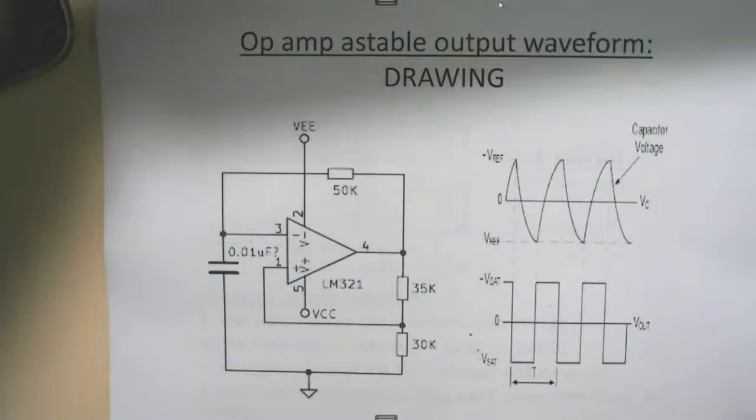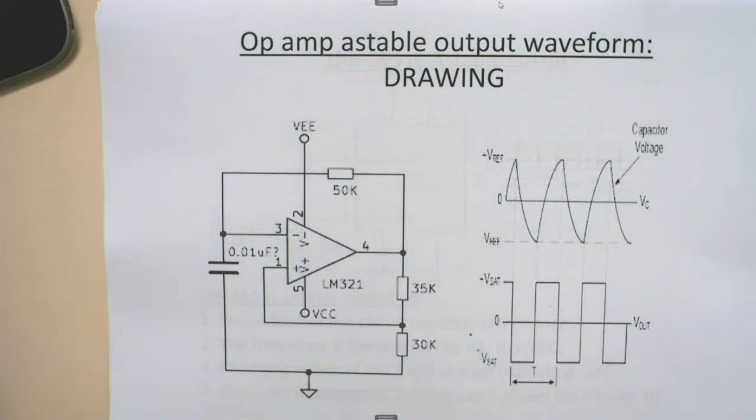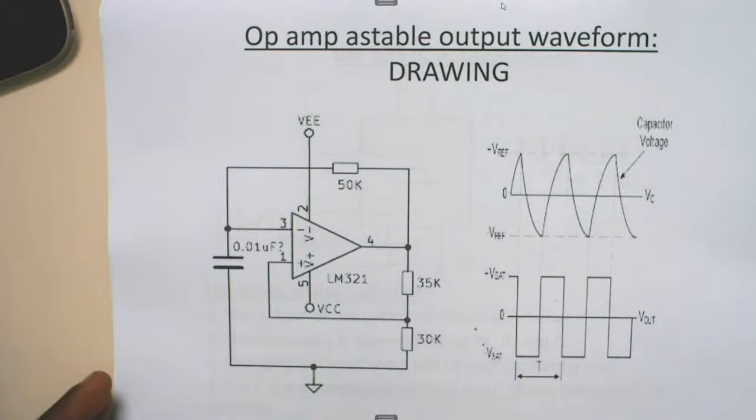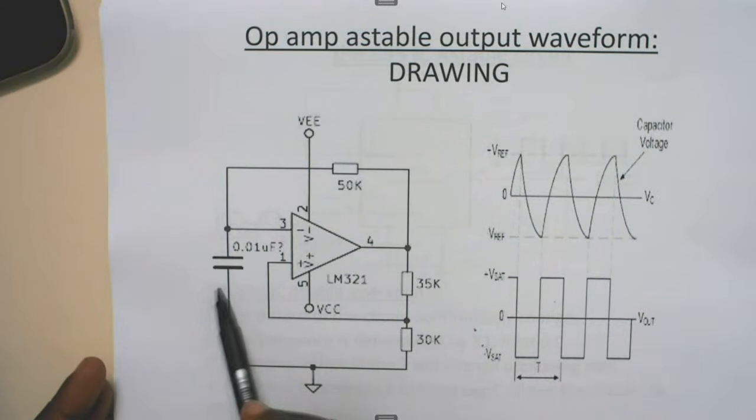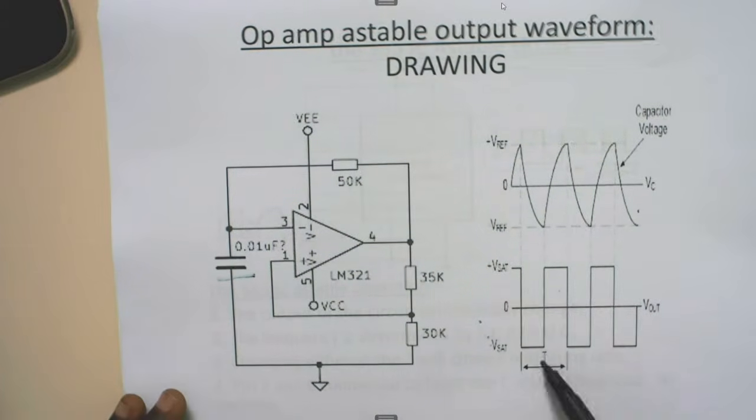So here we've got the drawing of the op-amp, which will show the output waveform of this. So here is the structure. Learners also need to know how to draw this structure, and also the charging of this capacitor. Here is its waveform, then also the output waveform of this.